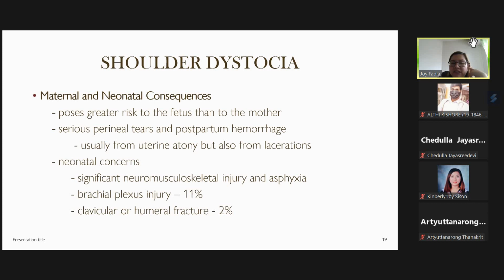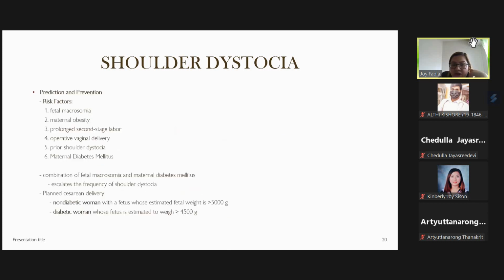For the maternal side, there are serious perineal tears and postpartum hemorrhage due to uterine atony and lacerations. For the neonatal concern, there is significant neuromusculoskeletal injury and asphyxia. 11% of it can cause a brachial plexus injury, and some 2% can cause a clavicular or humeral fracture.